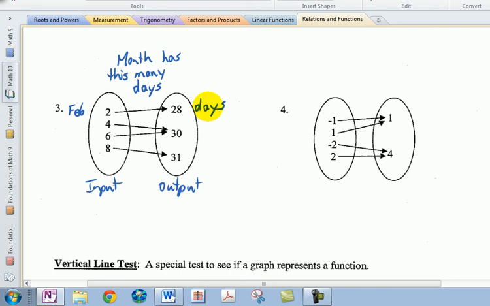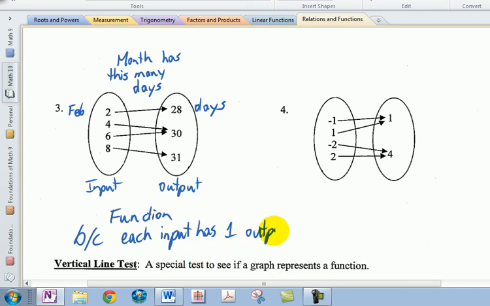We're using an arrow diagram. So month 4 has 30 days, and month 6 has 30 days. This is okay. This is a function. The reason why is because each input has one output. It is okay that 4 and 6 both have 30 as their output.